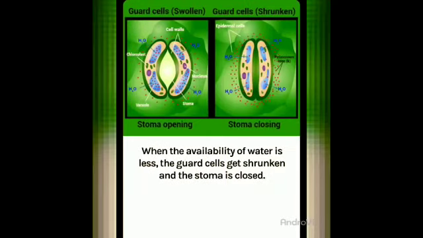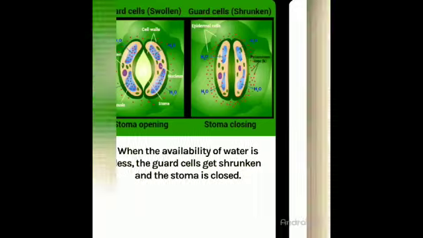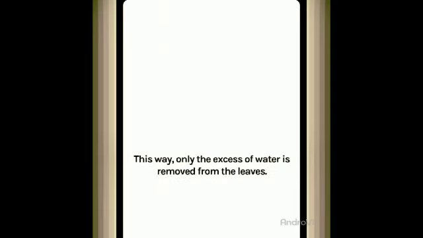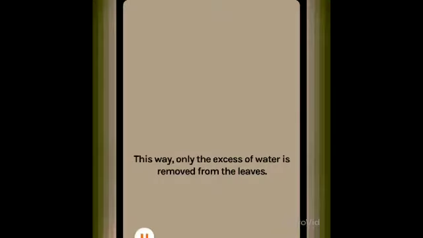When the availability of water is less, the guard cell gets shrunken and the stomata is closed. So in the second picture, when the availability of water in the guard cell is less, the guard cell shrinks, which results in the closing of stomata. In this way, the excess of water is removed from the leaves.